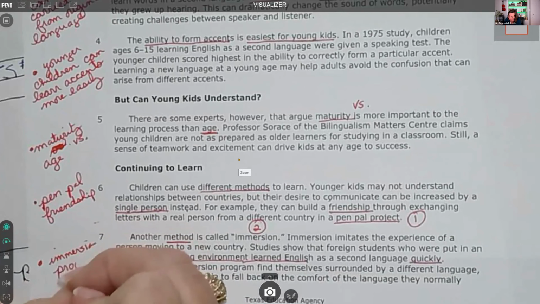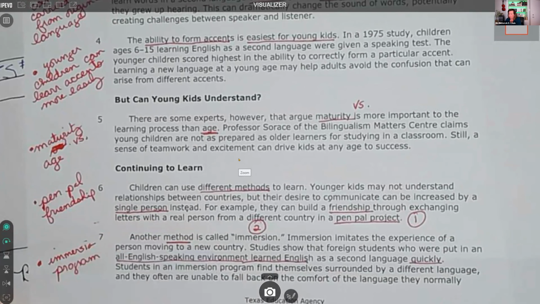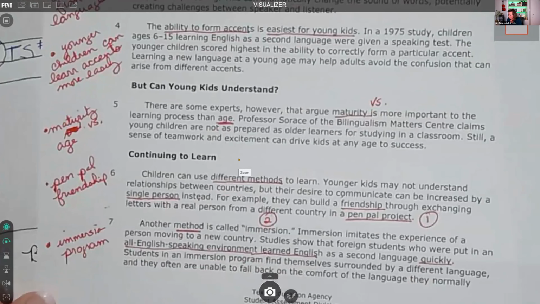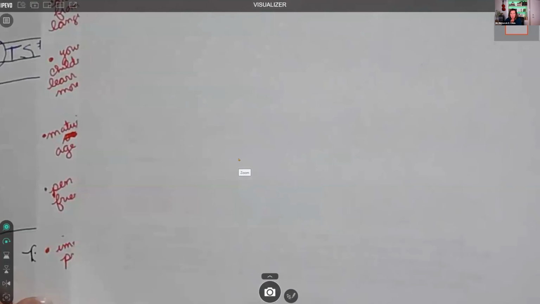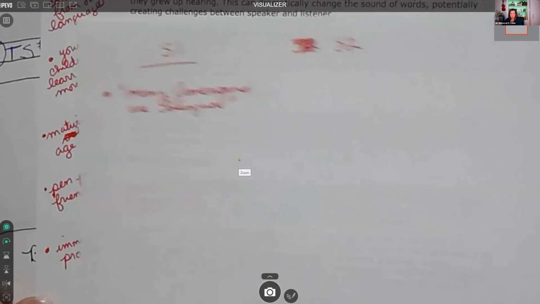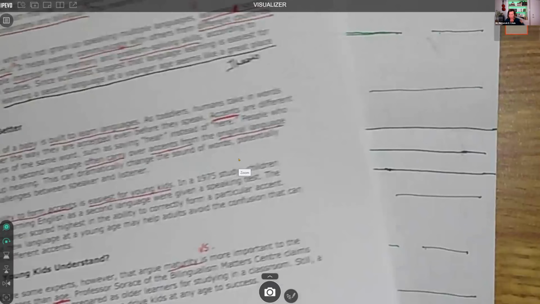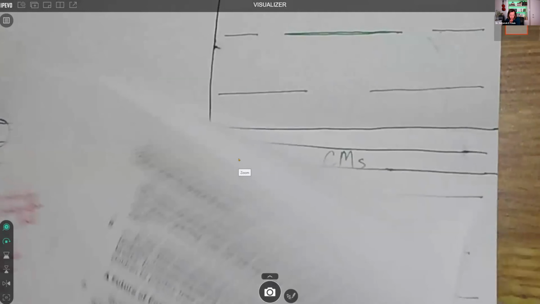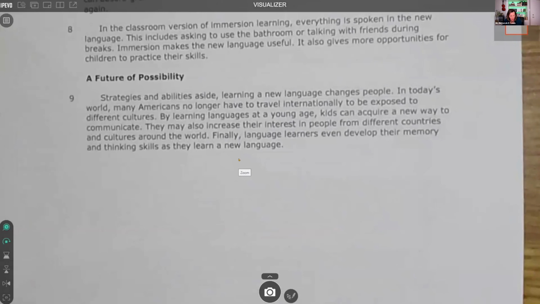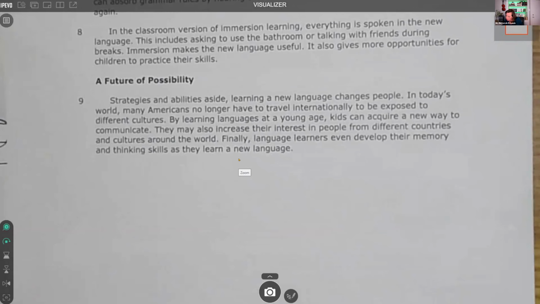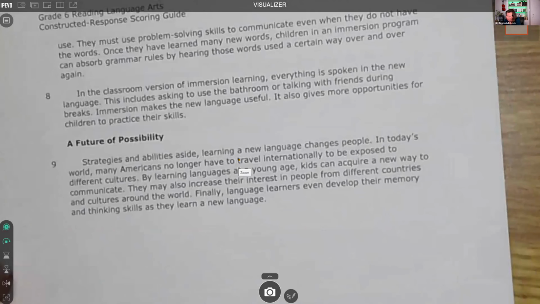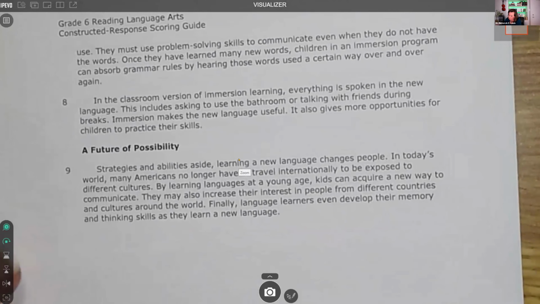And of course, if I'm practicing for the test, of course they're making their whole list on this sheet of paper. What we've been writing over here on the left ends up on this. And then when we look at the second page, and we're almost done, they must use problem-solving skills to communicate even when they do not have the words.